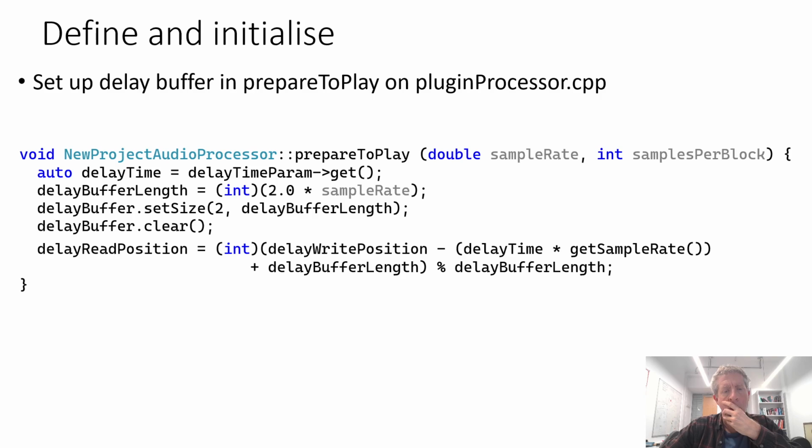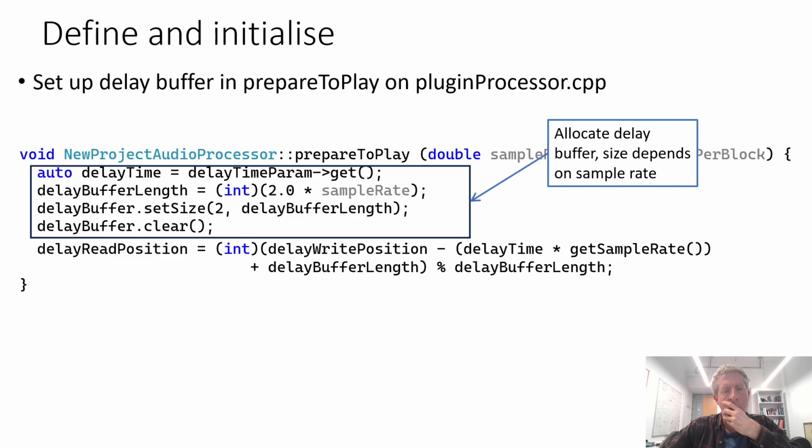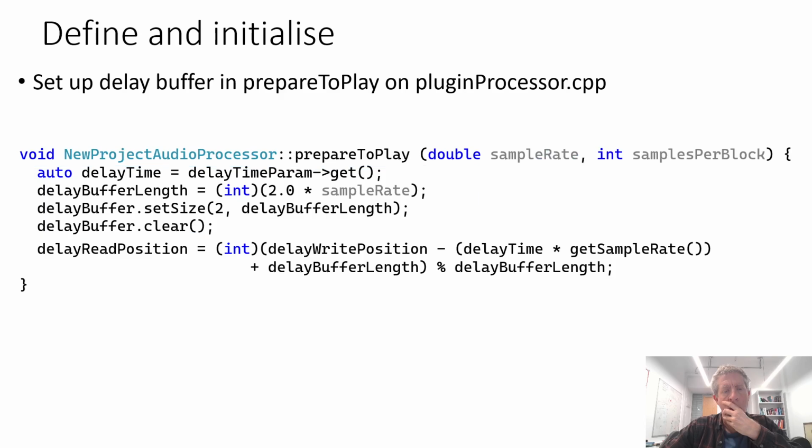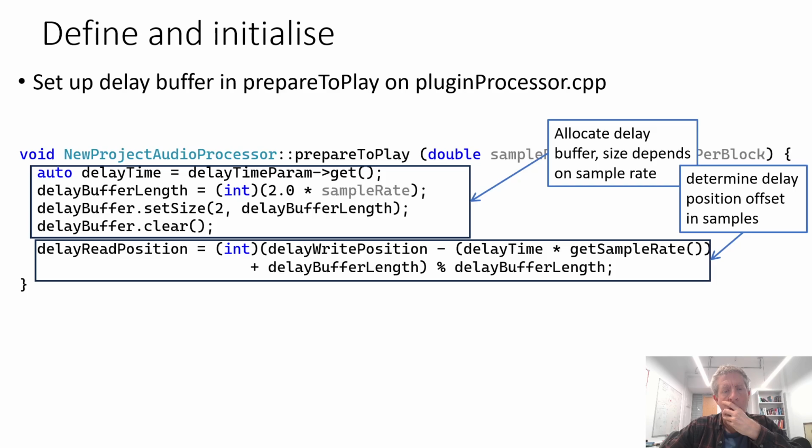That's this modulo operator here. So we first allocate the delay buffer, and then we determine the delay position between read and write pointers.